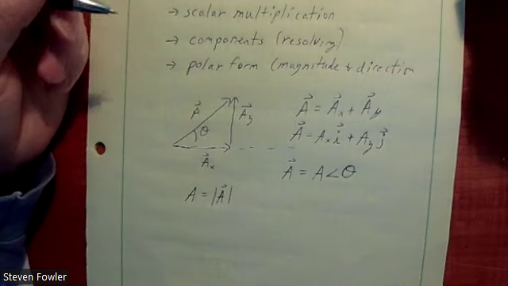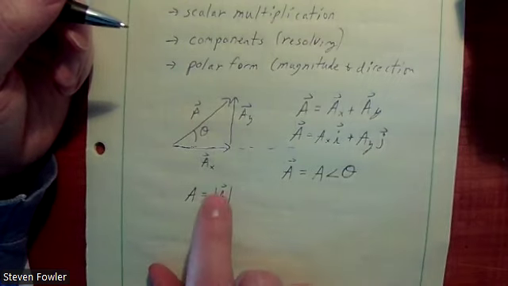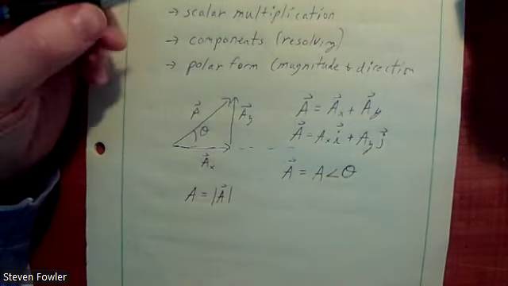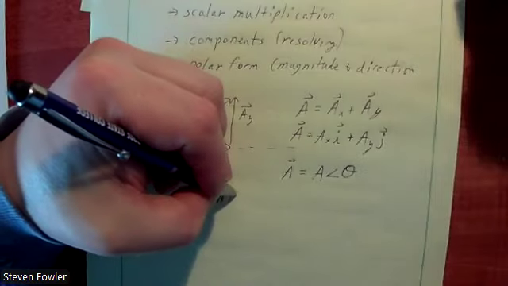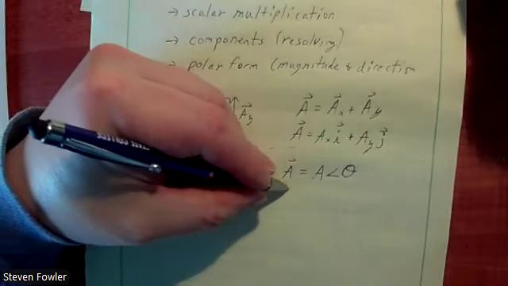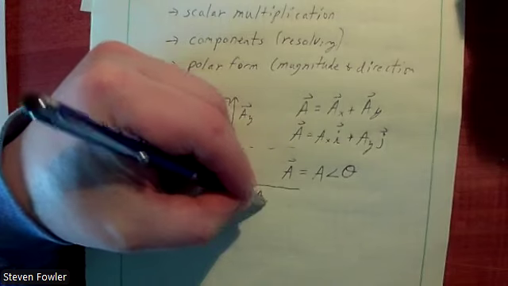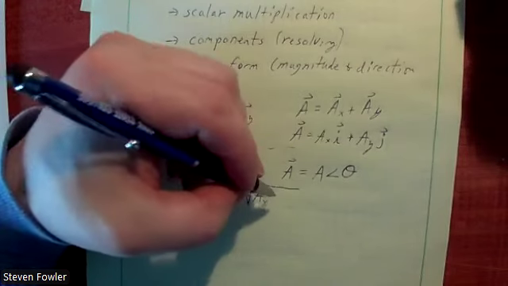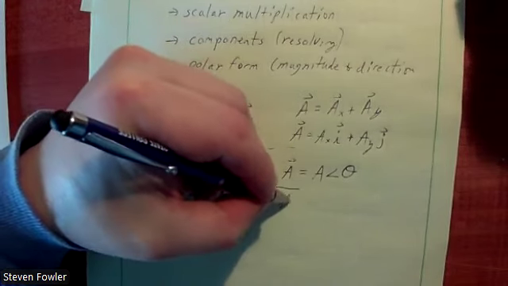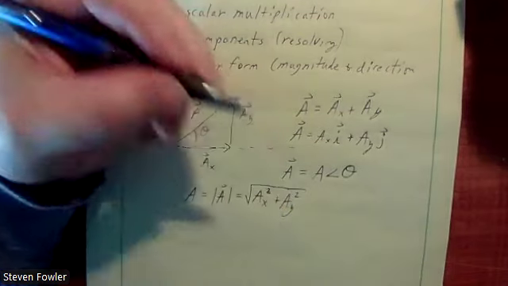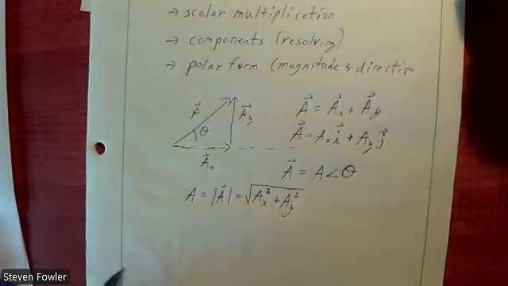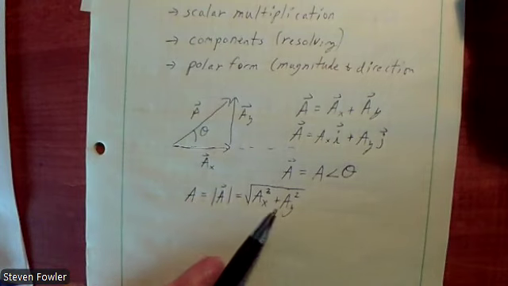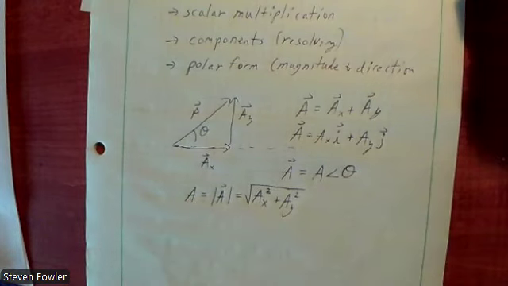If you've studied matrices before, this looks like we're taking the determinant of vector A. That's kind of what we're doing. We would take the square root of the x direction length squared plus the y direction length squared. And all you're doing there is applying the Pythagorean theorem. We're saying that A squared is equal to x squared plus y squared. And that gives us the length of that vector A.